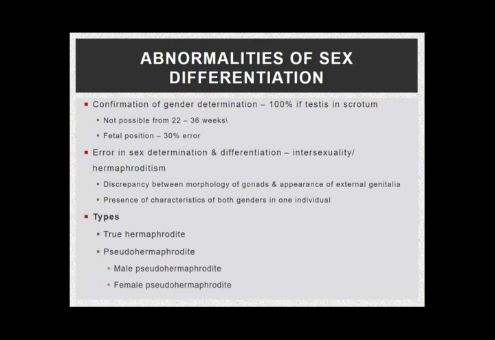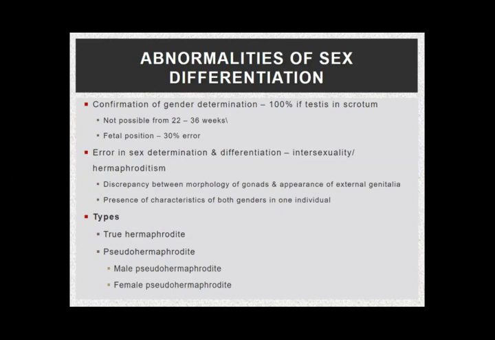Other than that, actually the problem arises because the doctor cannot see the gender, because between 22nd to 36 weeks, the gender is not well developed and it is not possible to determine the gender.